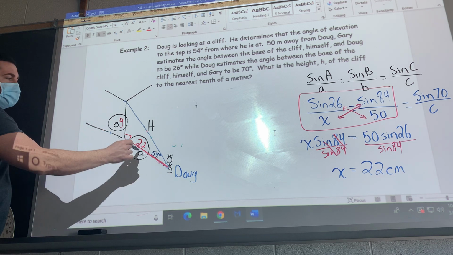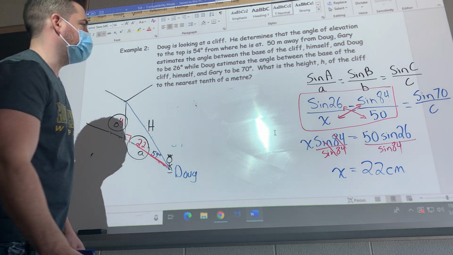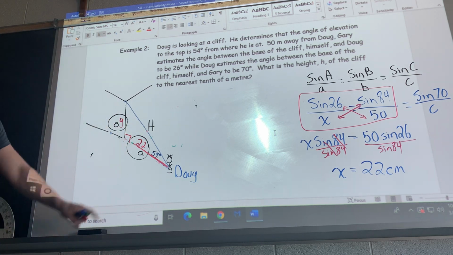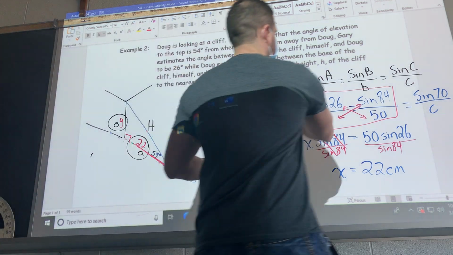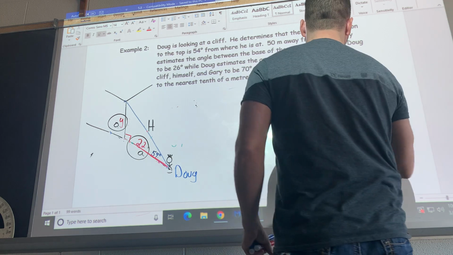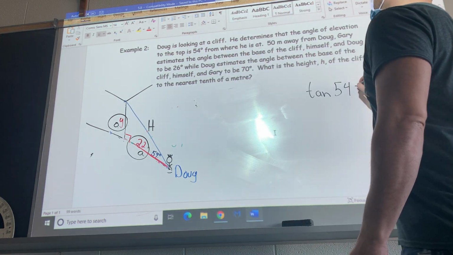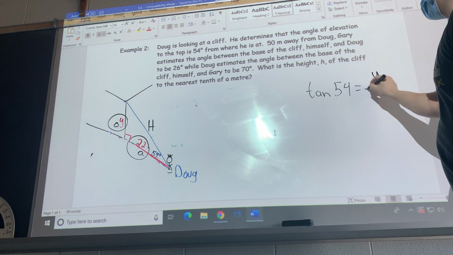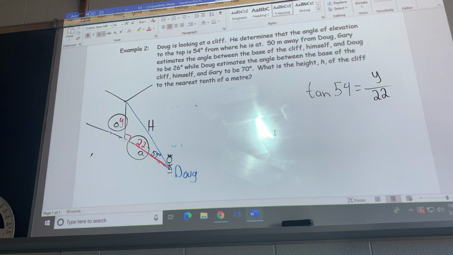So it's O and A. So you're right, Adrian, and we're using tan. So tan 54 equals our opposite, which is, say, y in this case, over our adjacent side, which is 22.